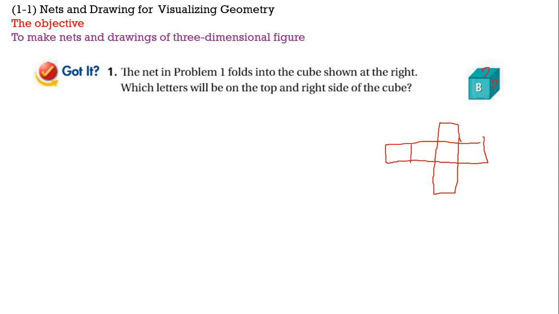So let's first take the net. Here it's given A, B, C, and D. That's what they gave us in the question. Here we have E and here F. All right. If we fold this one, you can imagine if B is here, then E will be on the top.